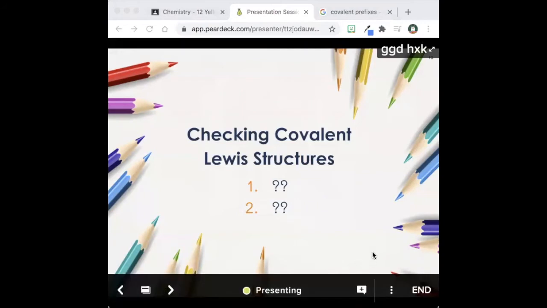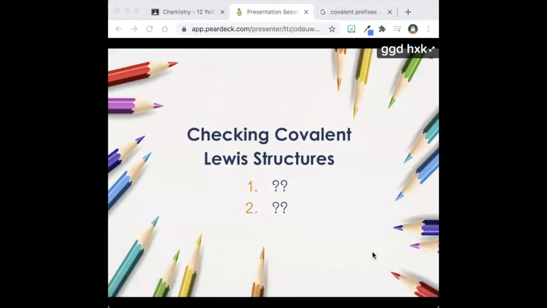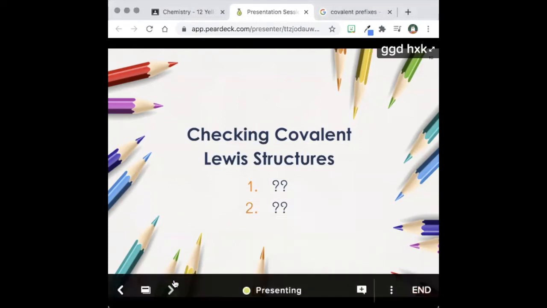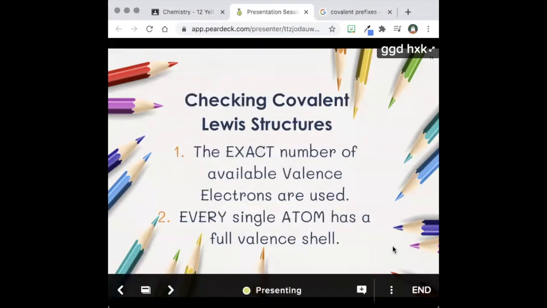Yesterday we learned that in order to check a Lewis structure for a covalent compound, you are going to look for two things. The first thing is to make sure that your total number of valence electrons is appropriate for the compound you are looking at. The second is that those electrons are arranged in a way so that everybody has a full valence shell.